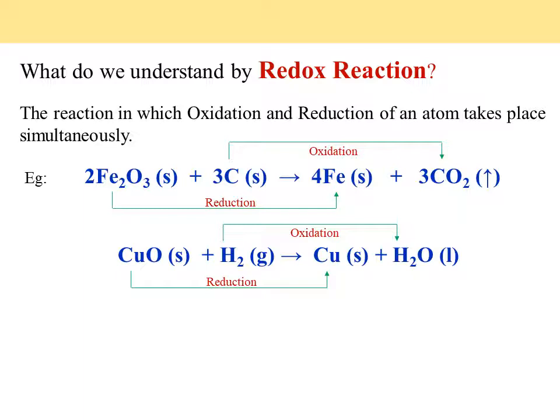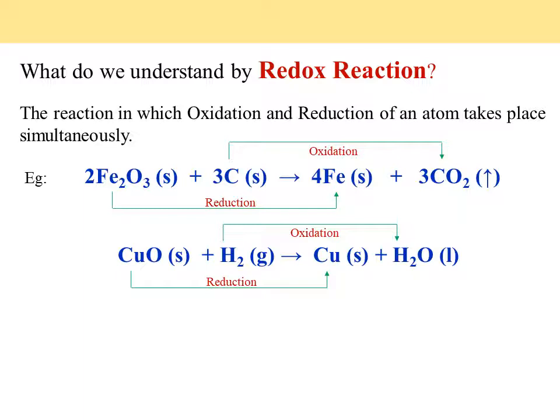Within one particular compound, or it can be an element, whatever, if you compare the reactant side with the product side, there is one particular compound or one element on the reactant side which forms two or three compounds after decomposition or anything.